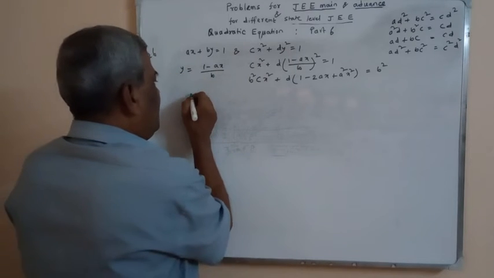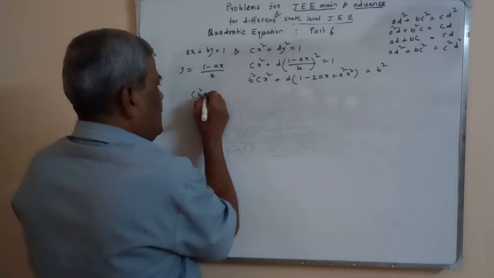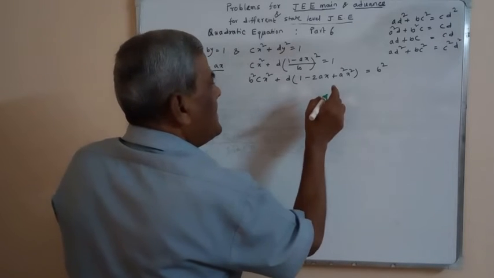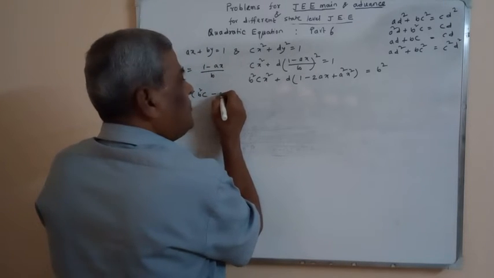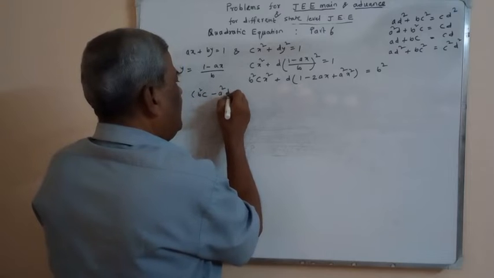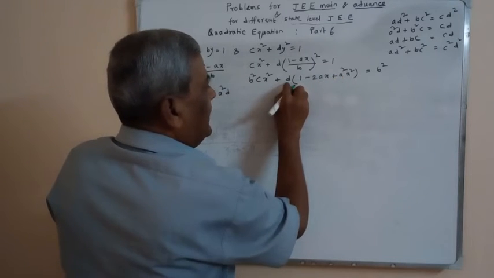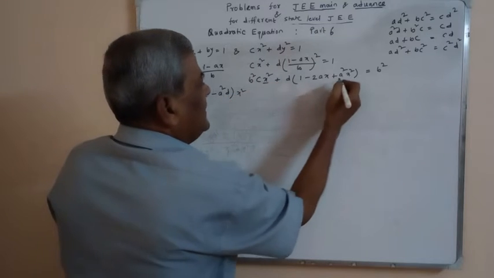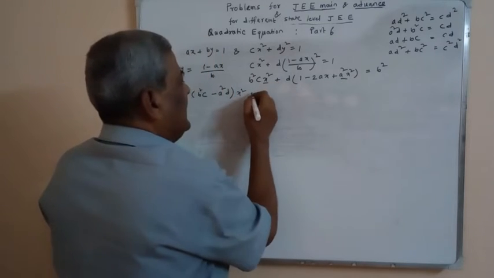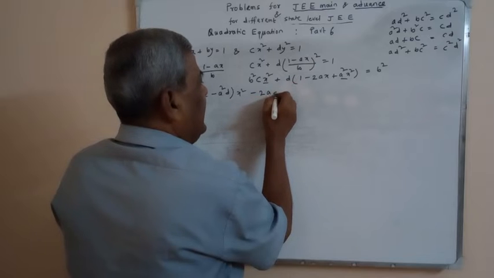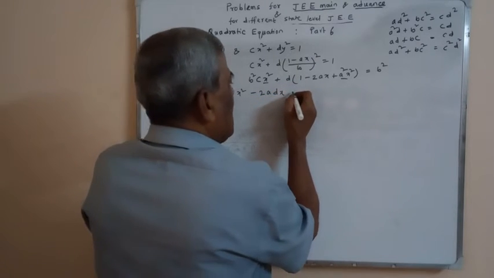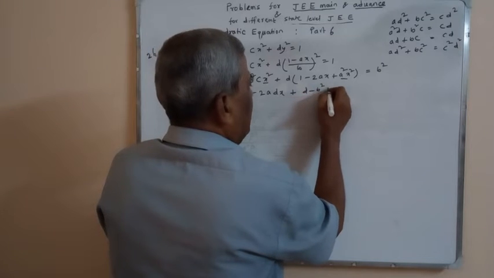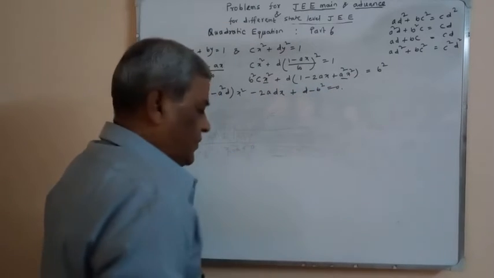That is, b square c into x square, minus a square d into x square, so I take this and that, minus 2adx plus d minus b square is equal to 0.